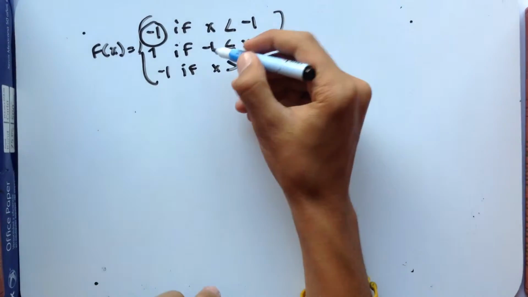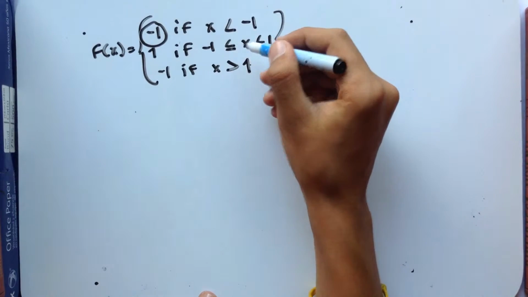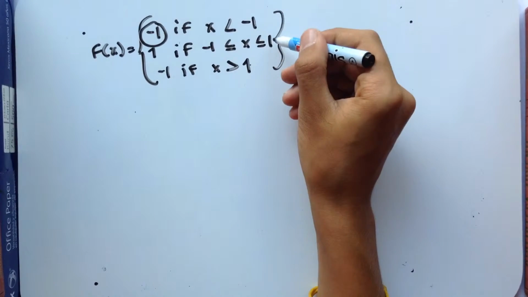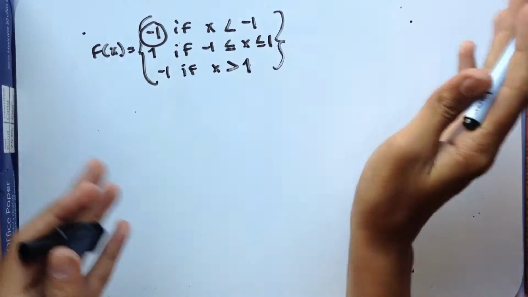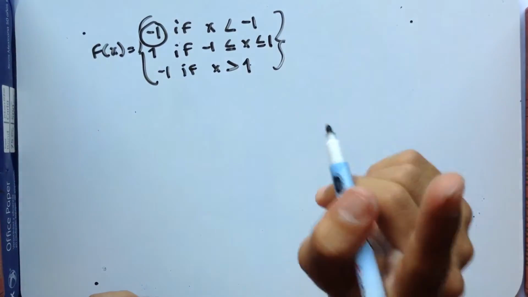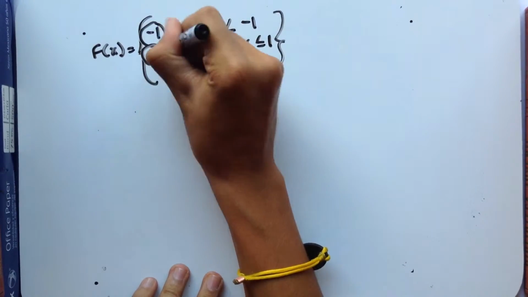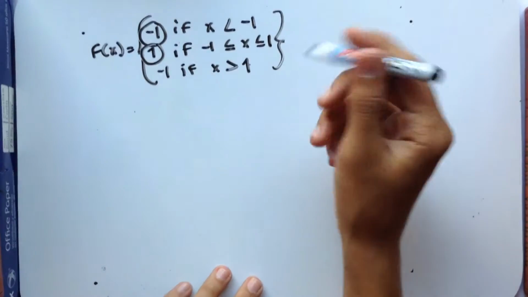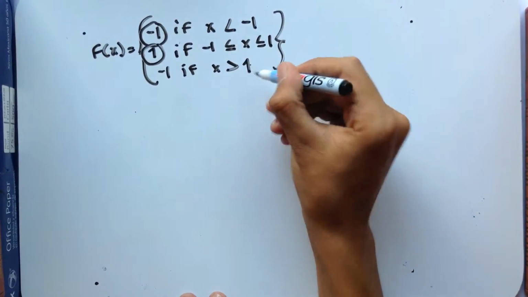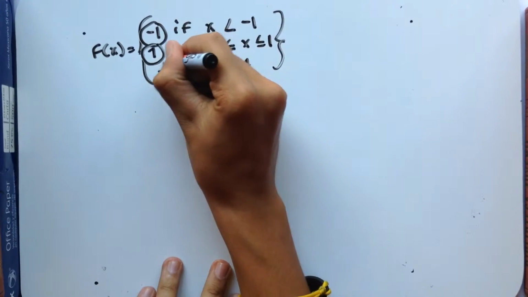This will be minus 1 less than or equal to x, and at the same time x is less than or equal to 1. So this function means that any value of x that is less than 1 or 1 will be equal to 1 in y. In the third piece, we have that when x is greater than 1, all the values in y will be minus 1.